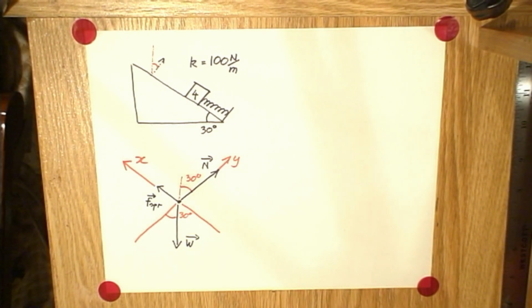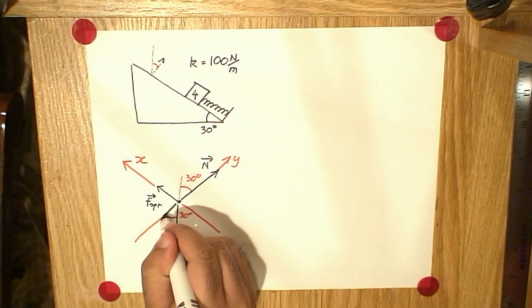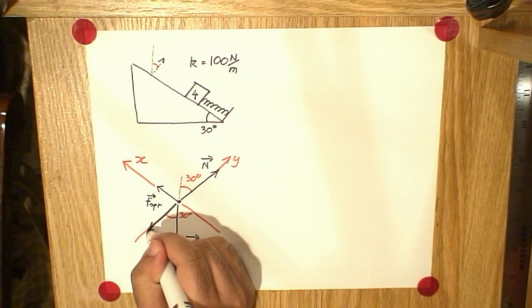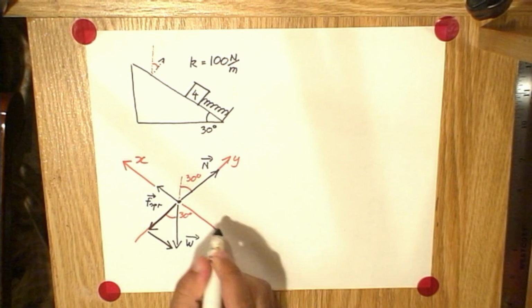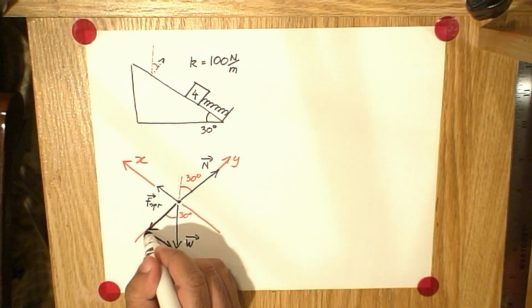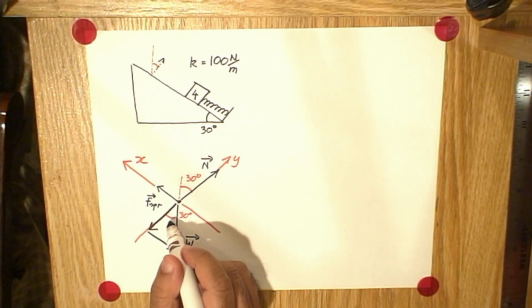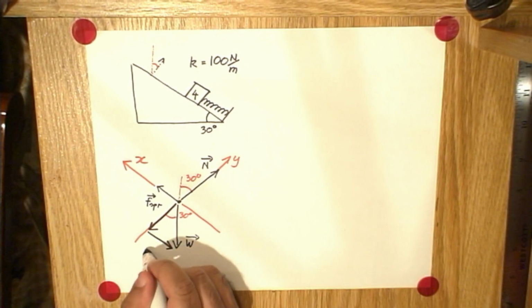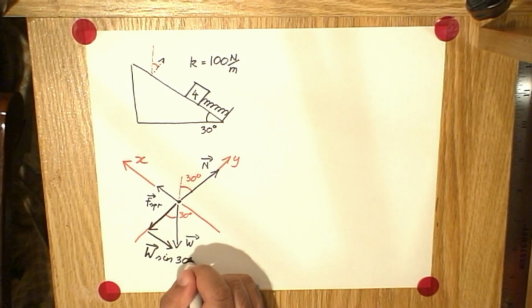Now, let's take the weight force and break it down into its components. There is one component which is pointed along the y-axis, and a second component which is pointed in the negative x direction. The component in the negative x direction is opposite this 30-degree angle, so it is described as weight sine of 30 degrees.